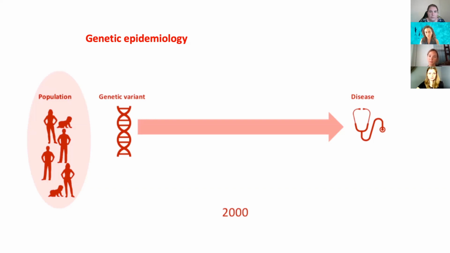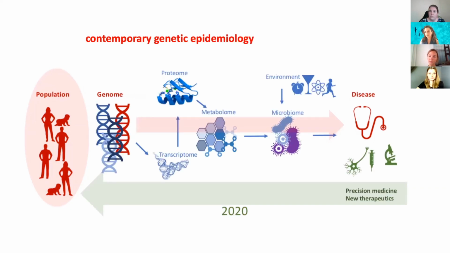So we very much focused on the genetic variants in relation to the disease. But now in 2020, the picture became much more diverse, beautiful in a sense, complex, and helps us to make a story on how a genetic variation actually affects the disease.